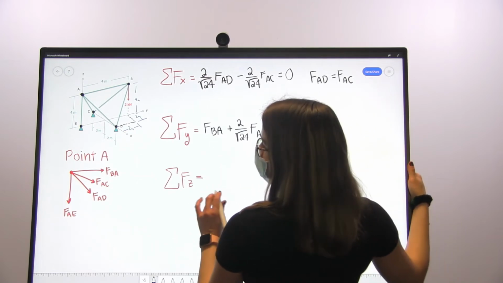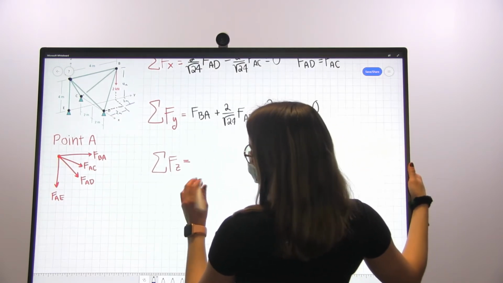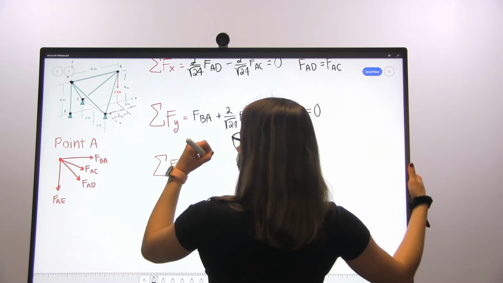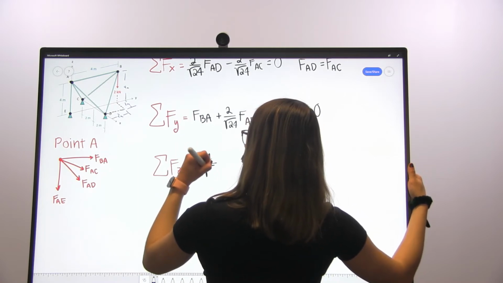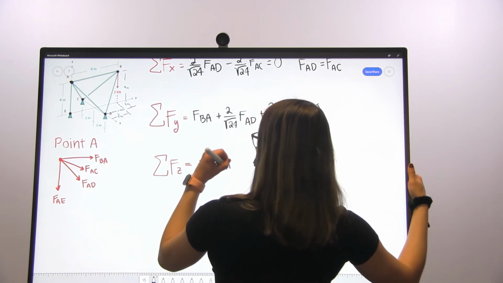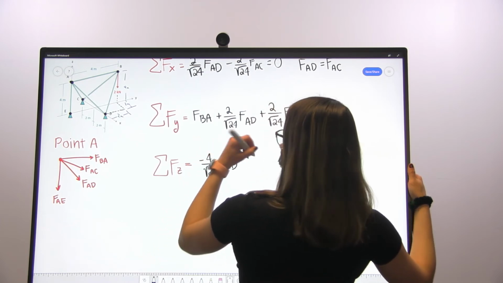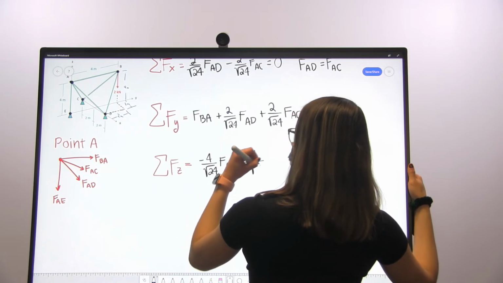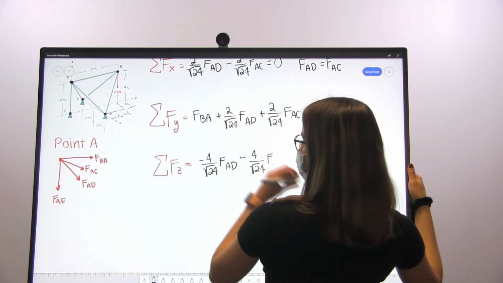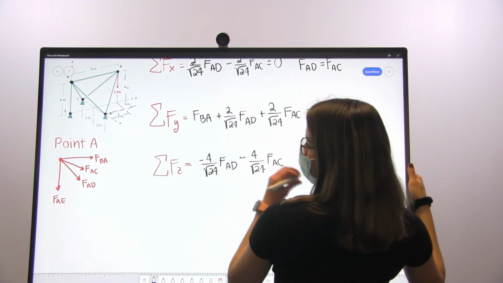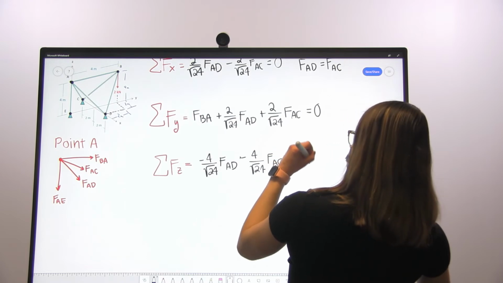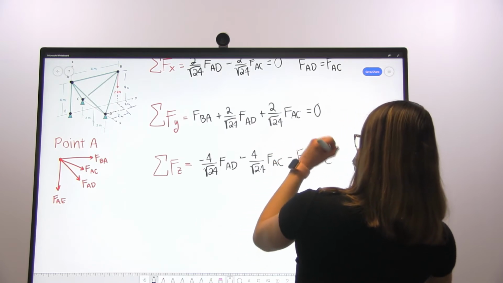And then lastly, setting up our equation in the z direction, we have minus 4 over square root of 24 FAD, minus 4 over square root of 24 FAC, minus FAE, and that's equal to 0.